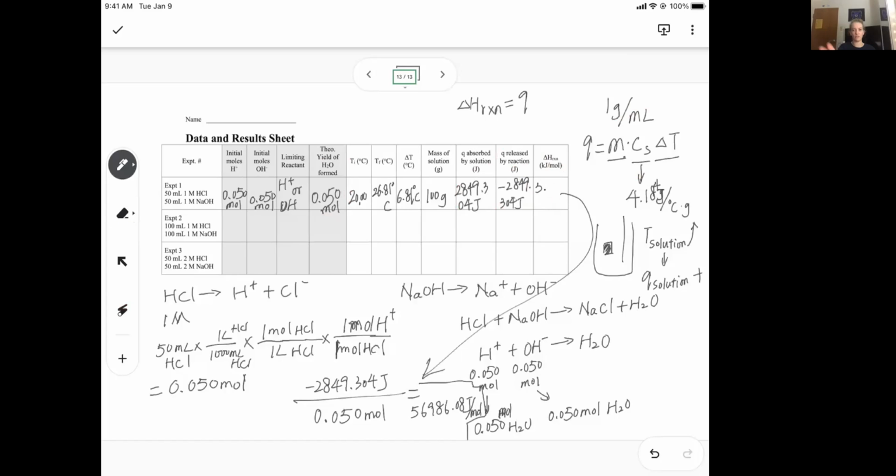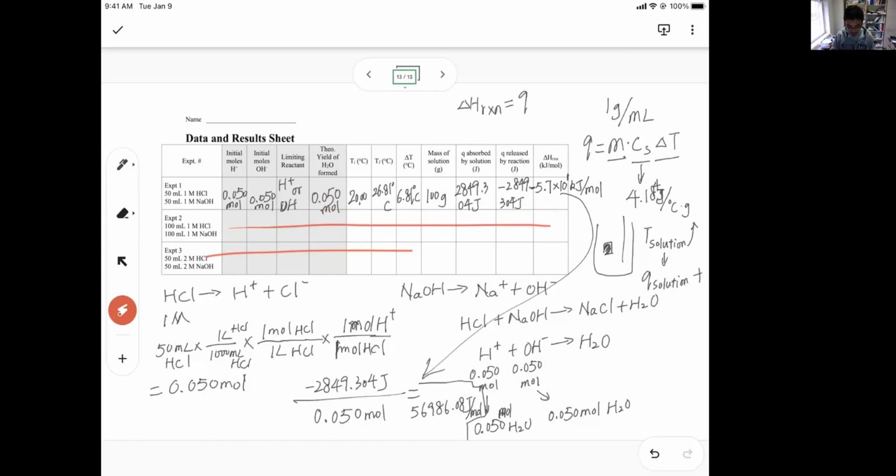Negative, you are right. Negative 5 point, we should have 2 significant figures right here. So 5.7 times 10 to the 1 kilojoule per mole. And that's how we do it. And you will do the same thing for the following 2 rows.